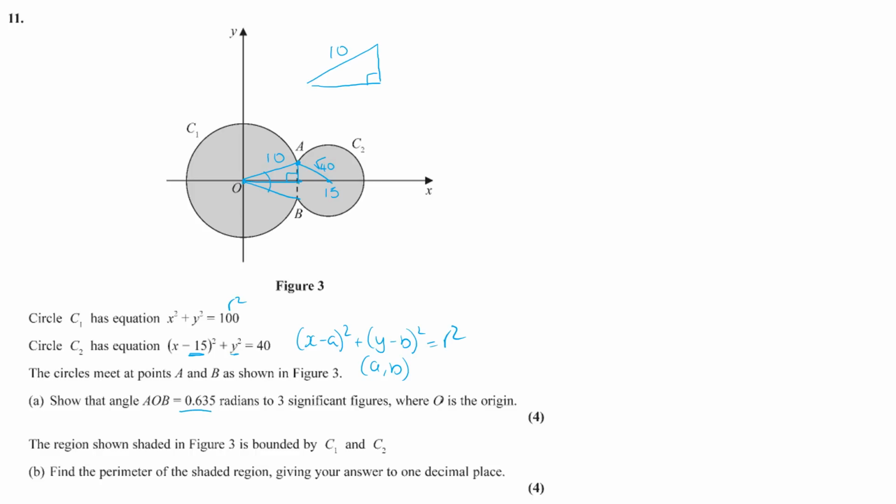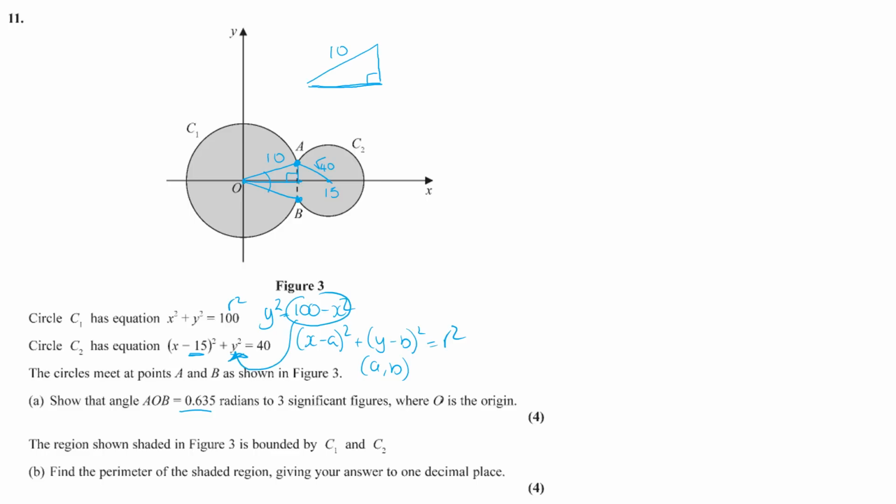So in order to find this bit here, we're going to find the x coordinate where those two circles meet. Now, because we've got C1, which is centered at the origin, it's a bit easier to say that in circle 1, y squared is going to be 100 minus x squared, and where they meet, we're just going to substitute that in for the y squared there.